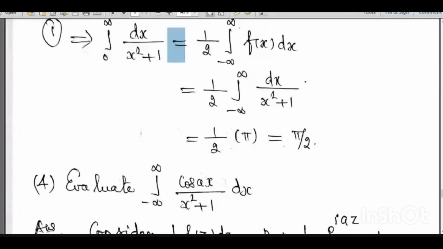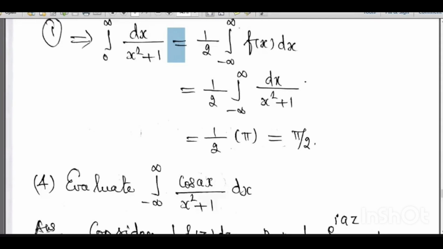Another method is where only the upper semicircle you have to consider, with the integral from minus infinity to plus infinity of f of x dx. Here, only the upper semicircle you have to find. The lower semicircle we will never consider. These are the two big differences between type 1 and type 2 in contour integration.